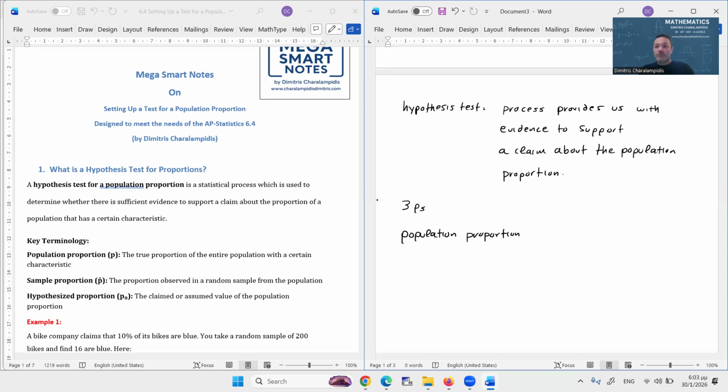So if we can actually find the true population proportion, why all this mess? Why do we do this hypothesis test? It's about size. If we're talking about all students of a school, let's say 500 or 600 students, then theoretically it's easy. It will take some time, but we will eventually be able to examine them one by one.